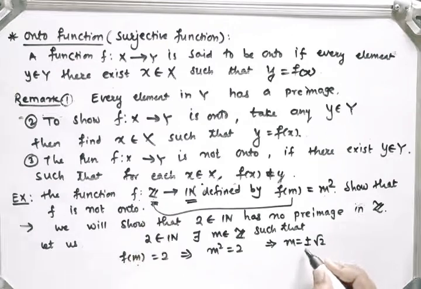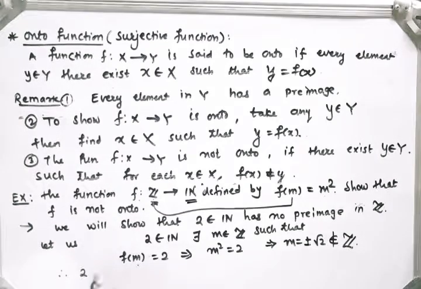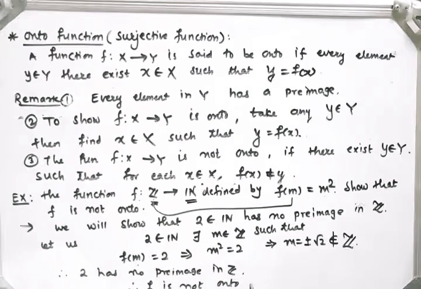So here m is equal to plus minus root 2, an irrational number which does not belong to the set of integers. Therefore 2 has no pre-image in Z. Therefore f is not an onto function or surjective function.